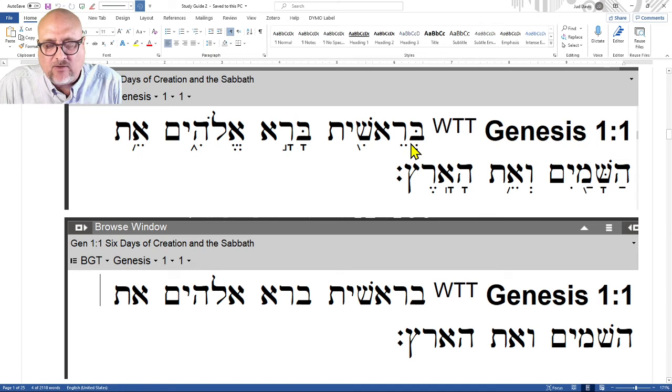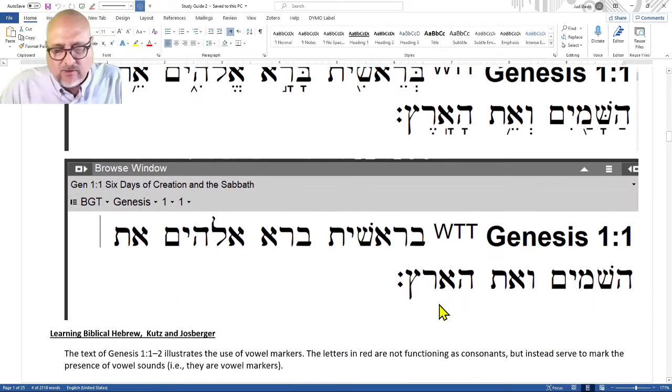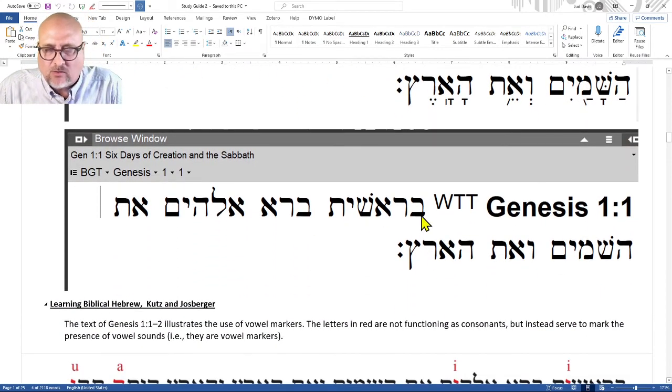These dots were introduced to represent certain vowel sounds. And when you get to the Dead Sea Scrolls, they're written like this. There are no dageshes, there are no little dots. People just memorized how the words sounded and had the consonantal written text, but they remembered what vowels to put in.